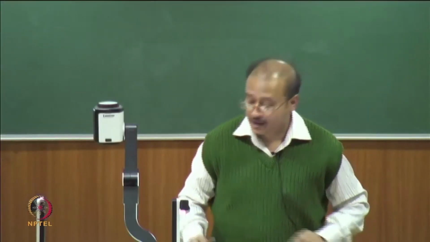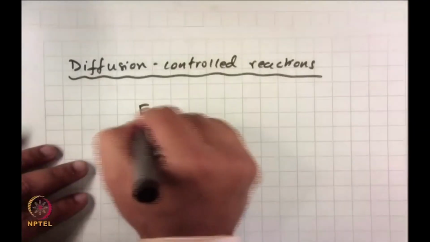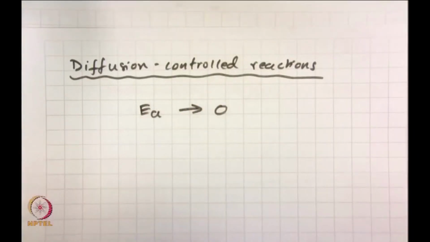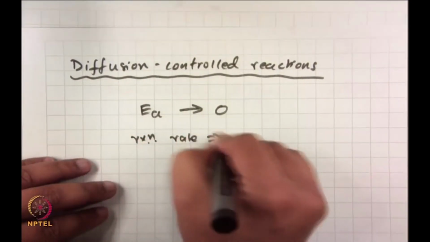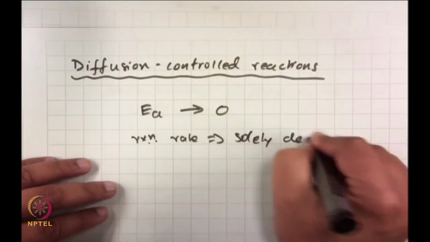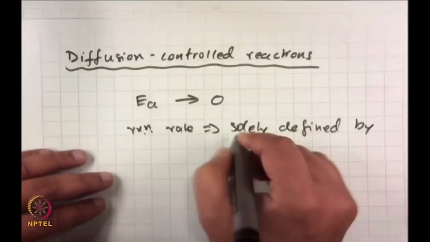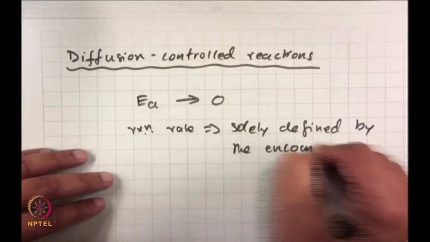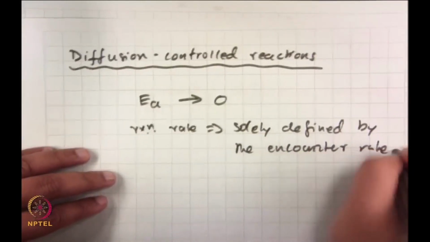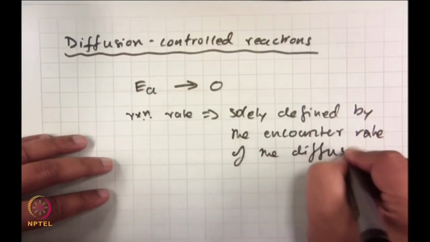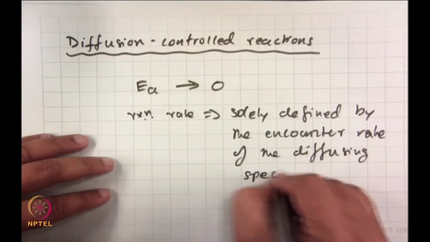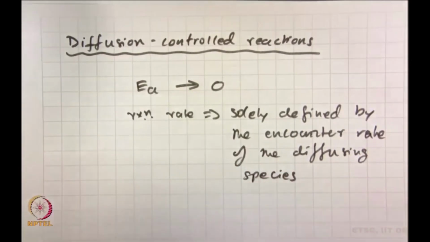That means activation energy E A is assumed to be 0 and your reaction rate is solely defined by the encounter rate of the diffusing species. Is it clear to everybody what we mean by diffusion control reaction?